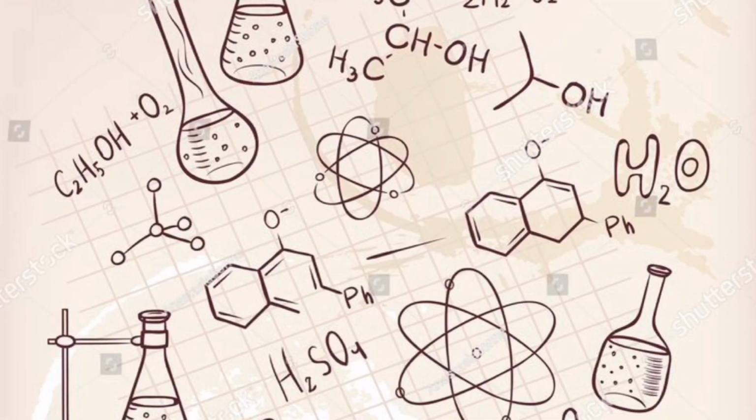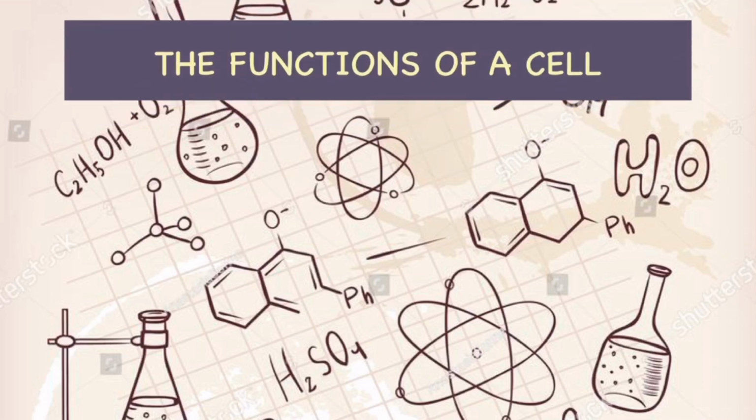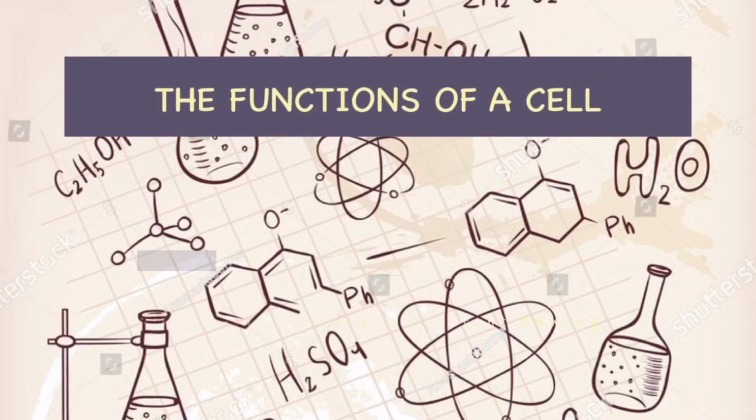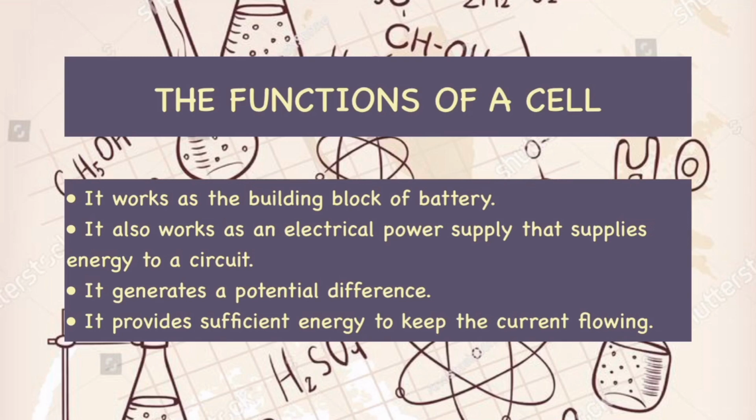In addition, there are some functions of a cell. A cell works as the fundamental unit of the battery, or we can say that a cell is the building block of a battery. A cell also works as an electrical power supply that supplies energy to a circuit.